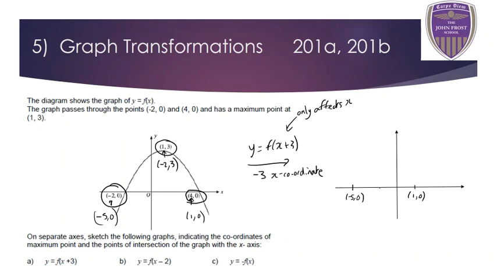So roughly where -2 will be, and then roughly where 3 will be. So that's where my maximum point is going to be here. And then what I'm going to do is draw exactly the same curve, but on this diagram here. So just all the way up to your maximum point, turns back down through there. Okay.